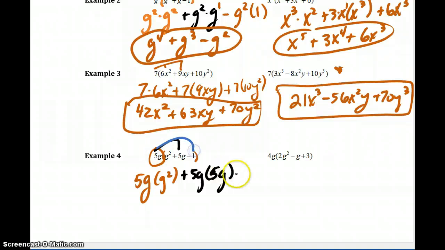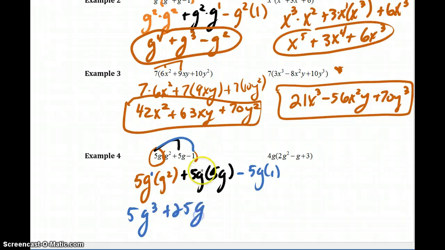And finally, we have minus 5g times 1. So simplifying this down, we have 5g to the third plus 25g. Remember, these are understood 1, so we add them together, we get 2. And then we have minus 5g.